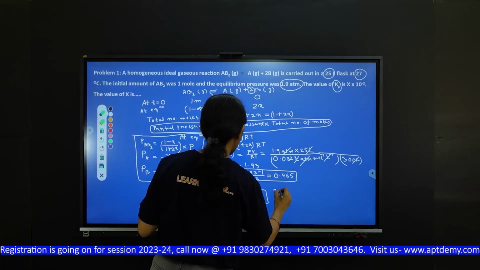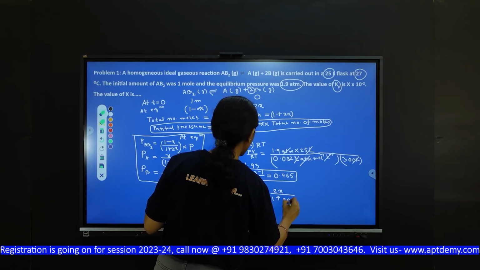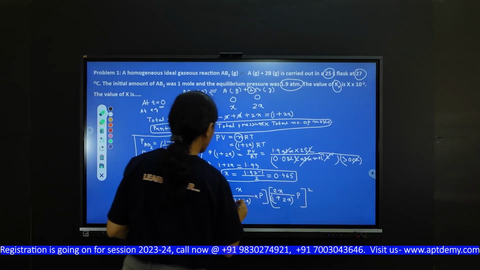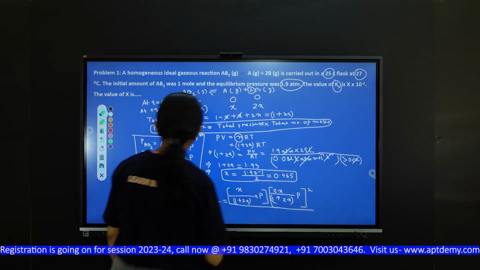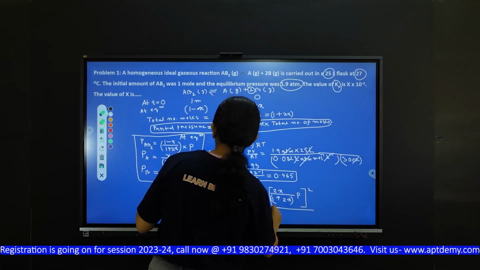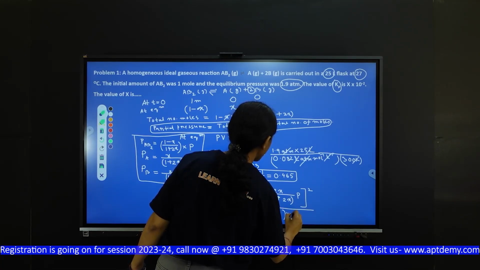We can write 2x divided by 1 plus 2x P square, because we have PB square, divided by PAB2. So 1 minus x divided by 1 plus 2x times P.